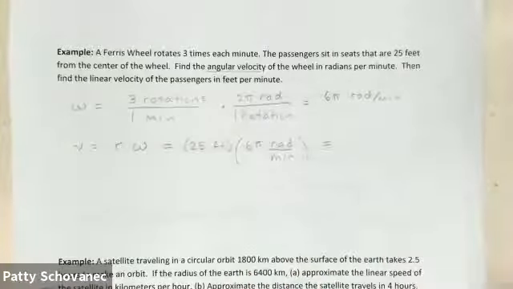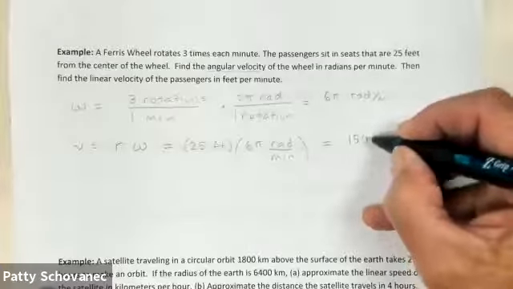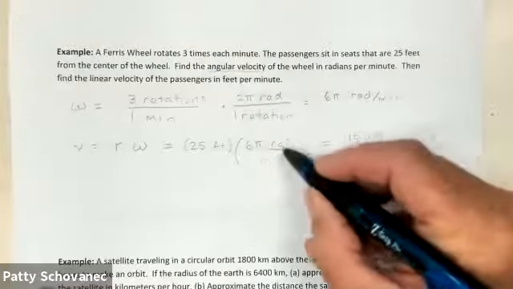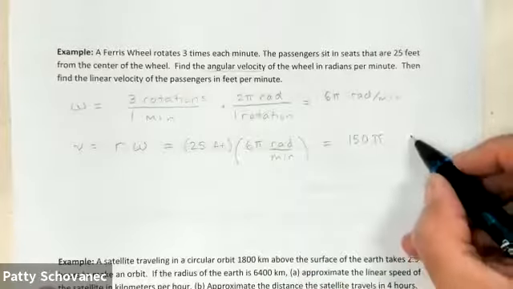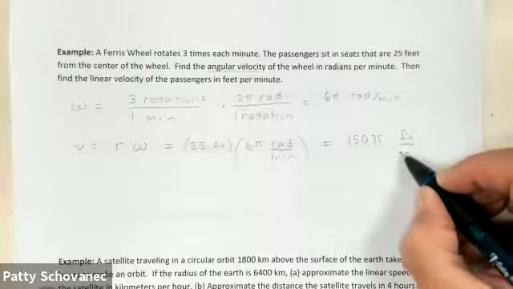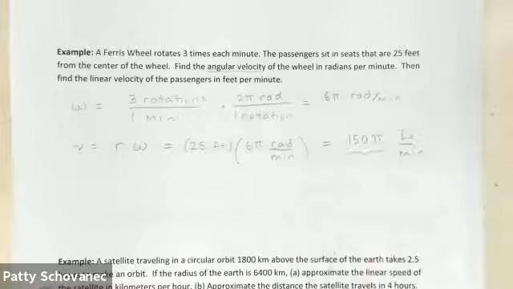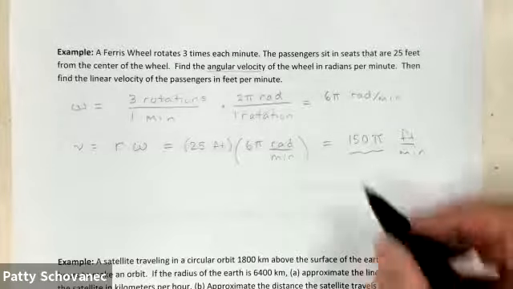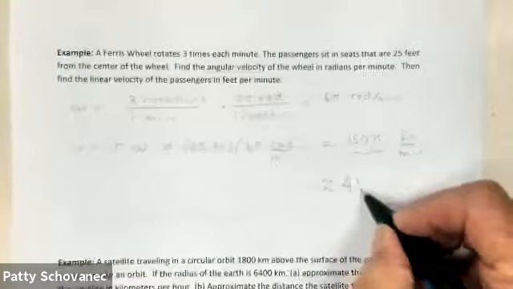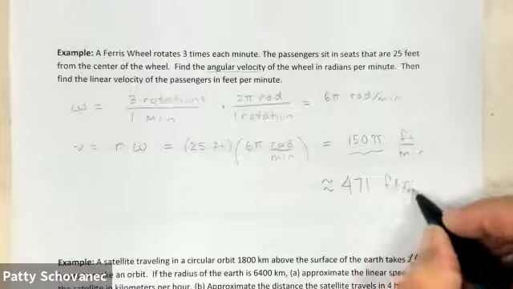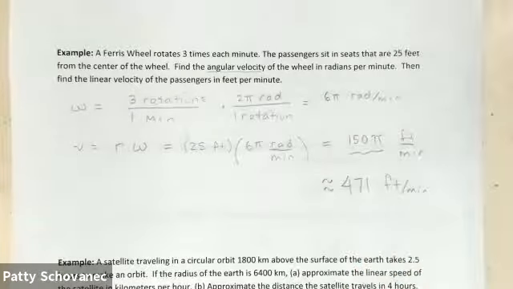Let's see, 6 times 25 is about 150. 150 pi, and these will be in feet per minute. That's about 471 feet per minute. So it takes about 1 minute for a person on the Ferris wheel to go 471 feet around the arc.